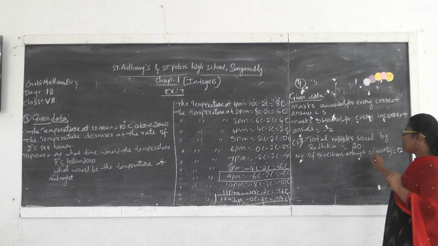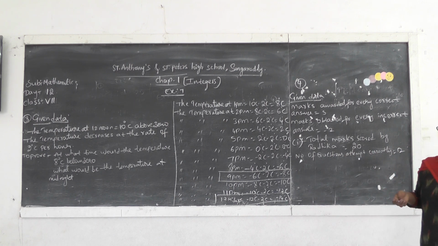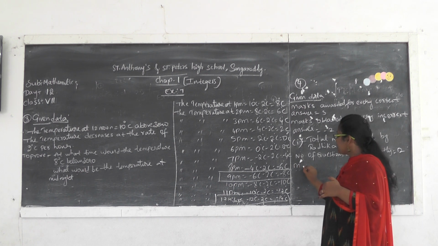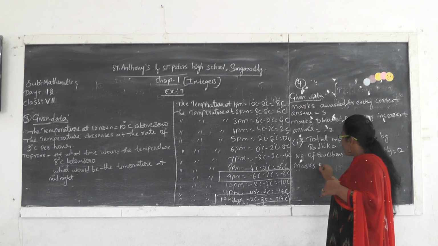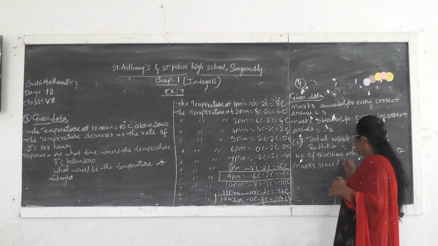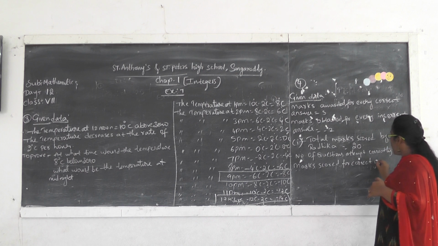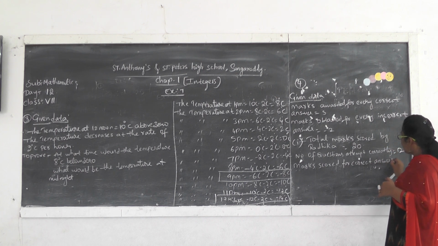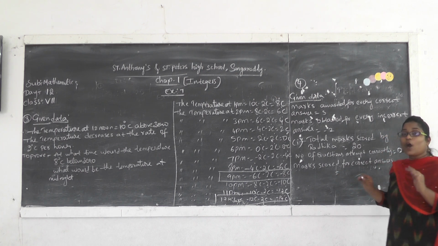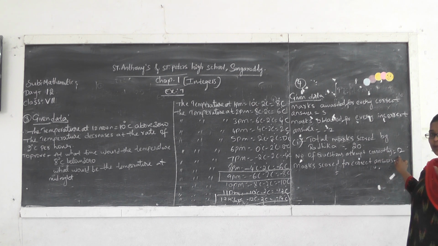So, number of questions attempted correctly equals 12. How many marks will we get for correct answers? Marks scored for correct answers equal to, how many questions she wrote correct? 12.